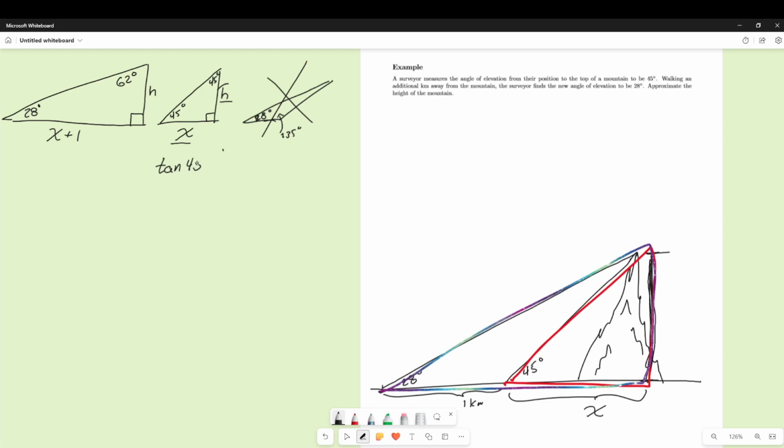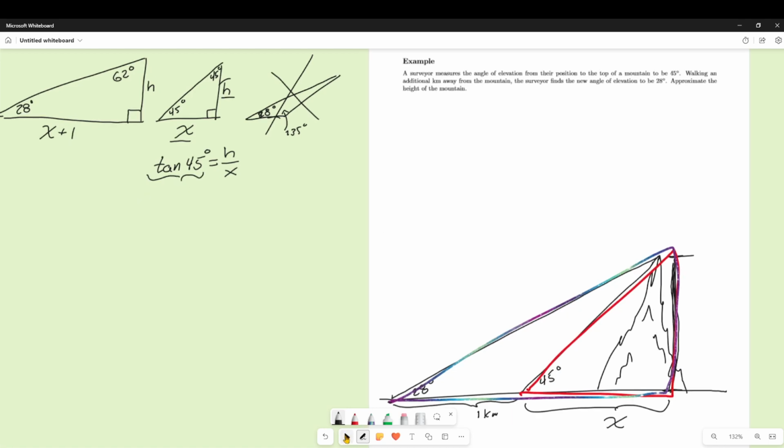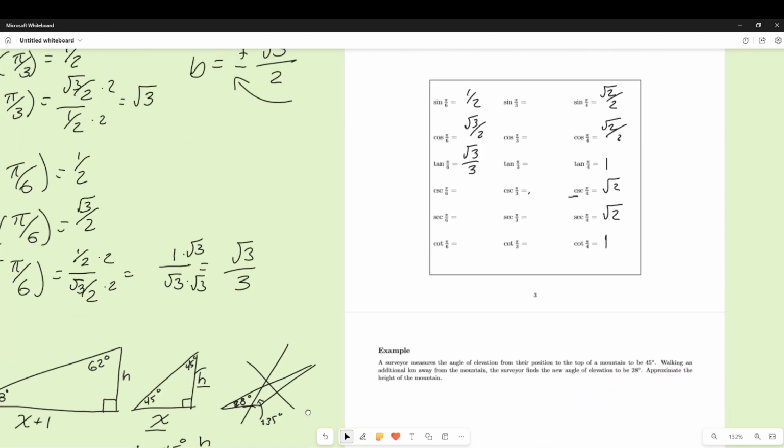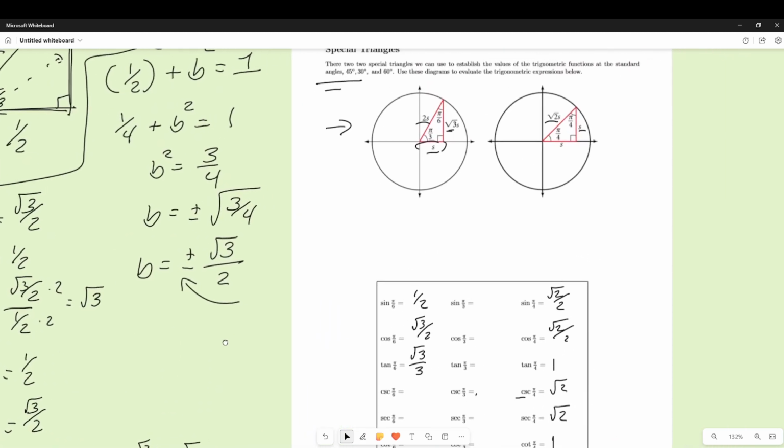The tangent of 45 degrees we know is equal to h over x. But we also know from our work above that the tangent of 45 degrees is equal to, it might seem strange that we know that, but we just worked that out.